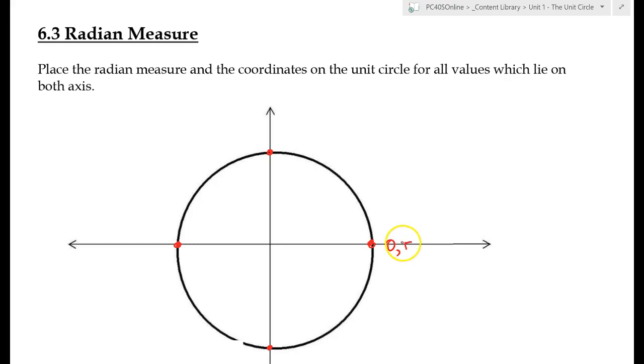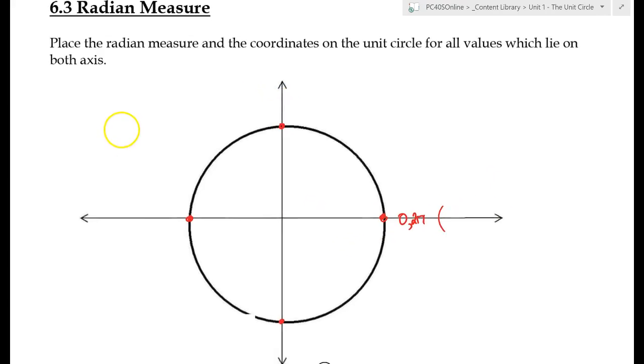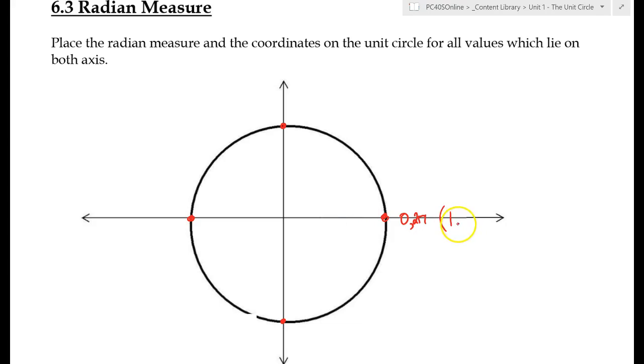This is also 2 pi radians. In terms of angle. Our coordinates are going to be, well, x is 1, because remember the radius is 1, and we don't go up at all, so it's 0 there. But this is our angle, and these are our coordinates.